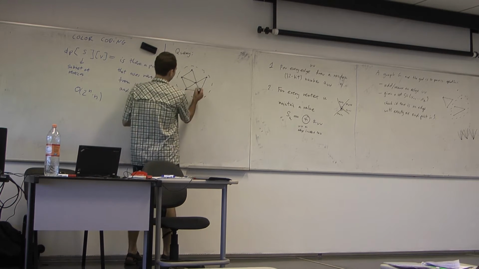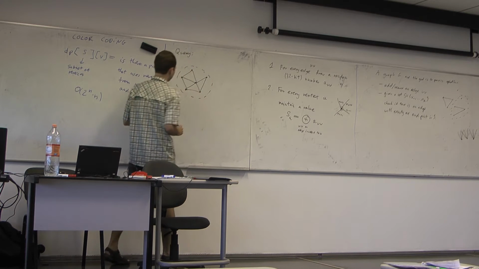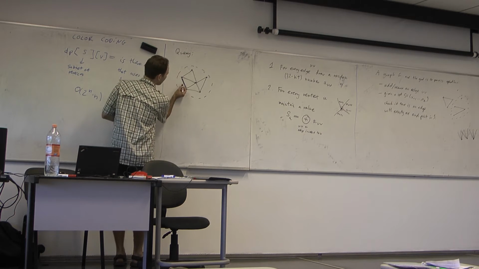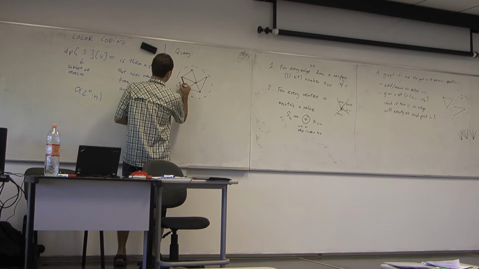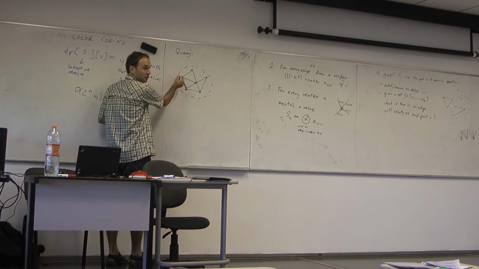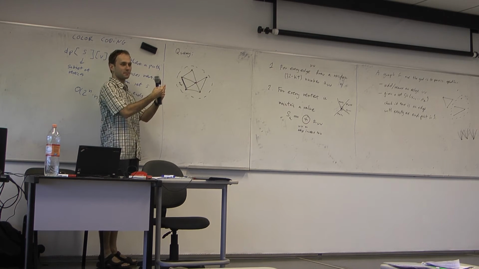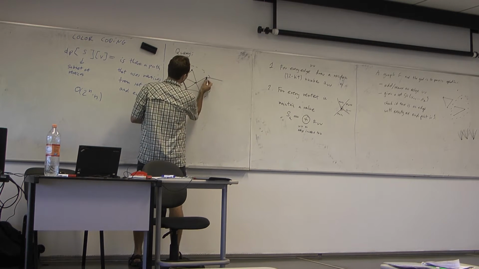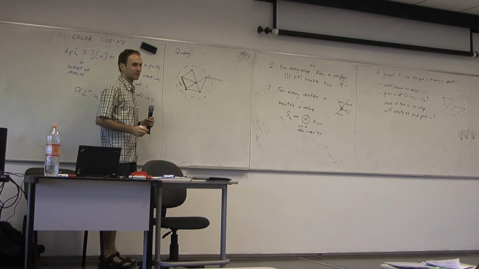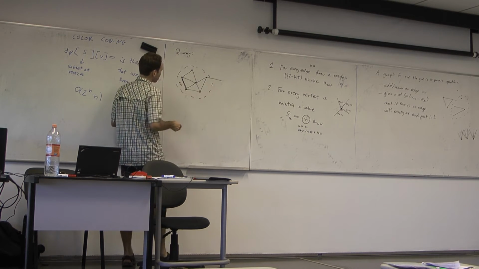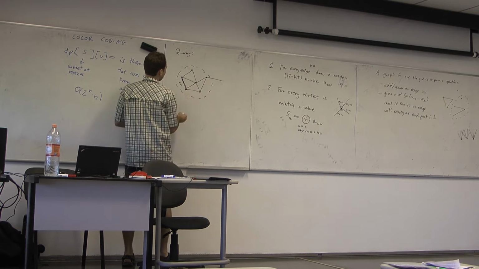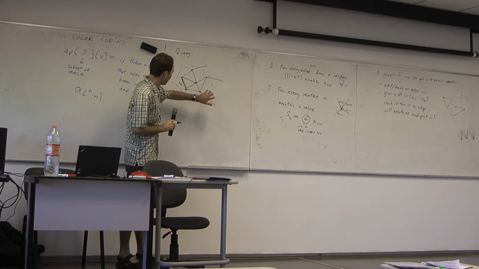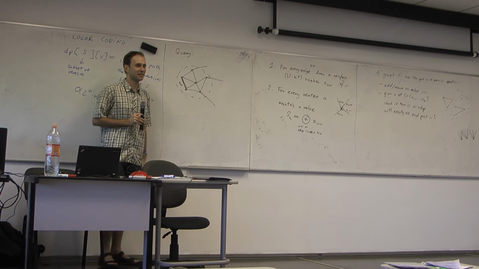If we XOR the values S_U for all these vertices, then for each edge inside the set, we'll XOR the number A_{U,V} once here, and then the second time here, right? So these things will cancel out. Now for every edge which is leaving the set, we'll XOR this number, but we're not going to XOR it again. So if we XOR the values for all vertices in a set, what we obtain is the XOR of the numbers on the edges leaving the set.